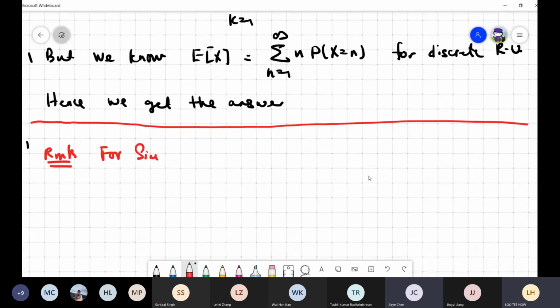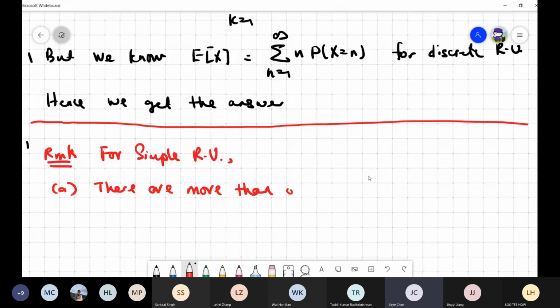For simple random variables, just to let you know, there is more than one representation. That means we can express it in different ways.